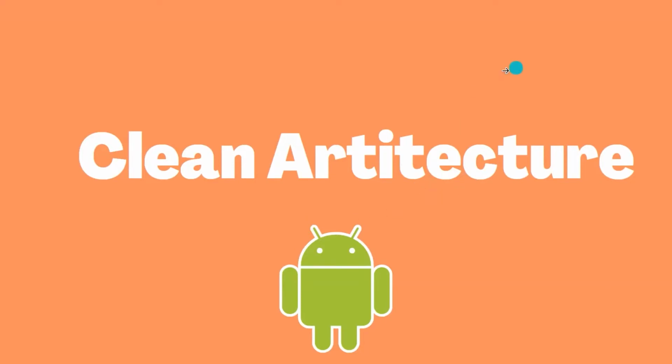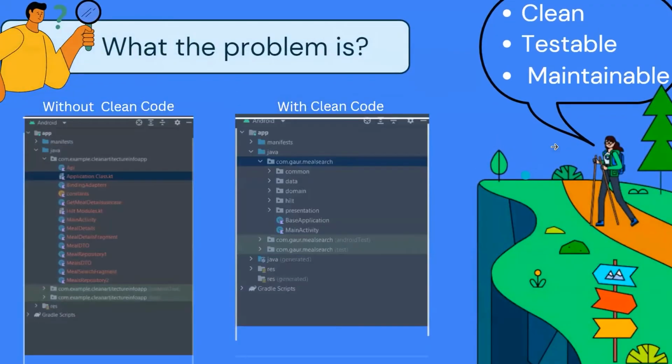Okay, so now let's begin the topic, which is clean architecture. As you have already learned about MVVM, this is an architecture used to make apps. Now, how is it different from MVVM and why do we need clean architecture? First, we need to understand. In clean architecture, we basically divide our app into different layers.